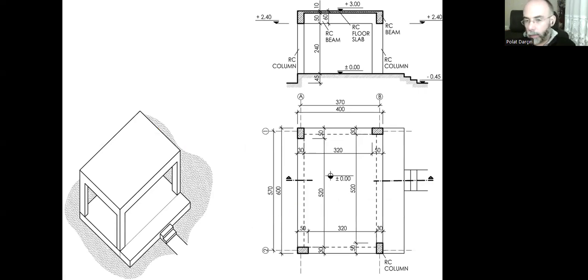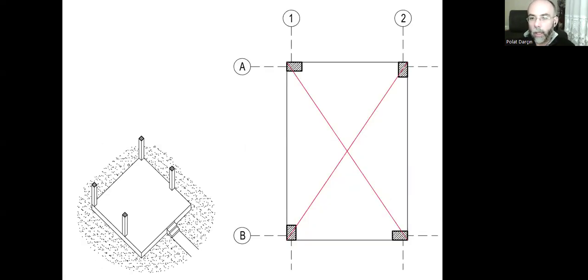We did this example at the beginning of the semester. You remember, I'm sure. Let's take a look right now. This is the geometrical center, central point. And what about the gravitational center, the weight of the building?